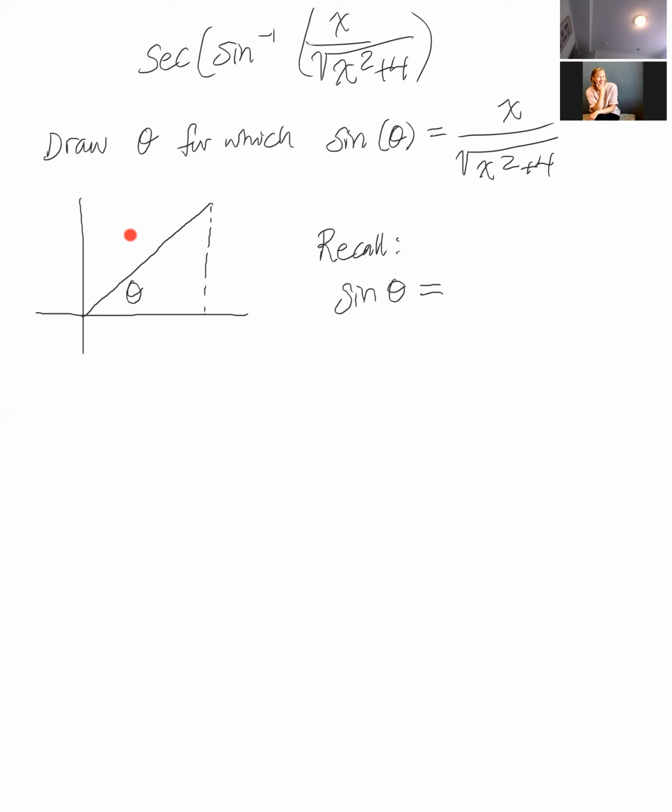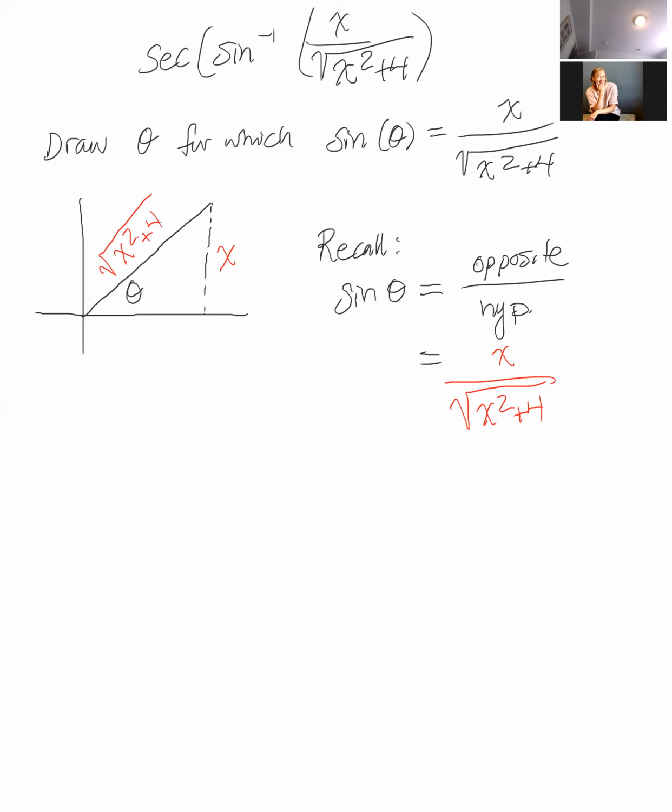And you might remember that sine is equal to the opposite over the hypotenuse, which in this particular case for theta is equal to x over the square root of x squared plus 4. Okay, so the opposite I'm going to call x, and the hypotenuse is equal to the square root of x squared plus 4. So I have two sides of this triangle.